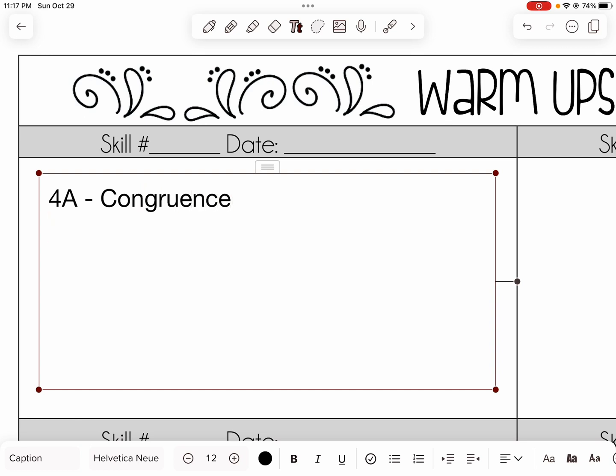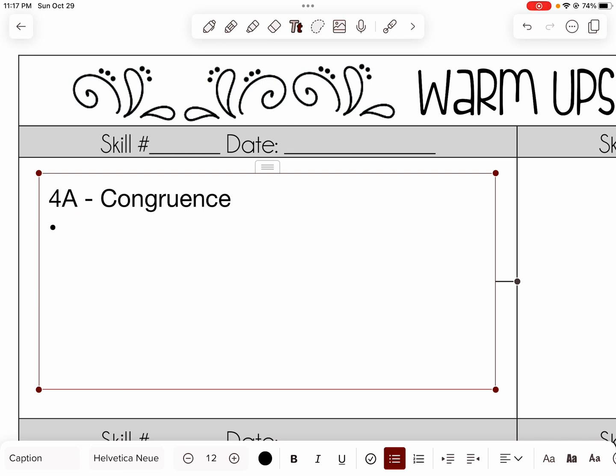Now, with congruence, you want to be able to do a few things. The first big thing that you need to be able to do for congruence is understand how we determine congruence. And there are two methods to determine congruence.